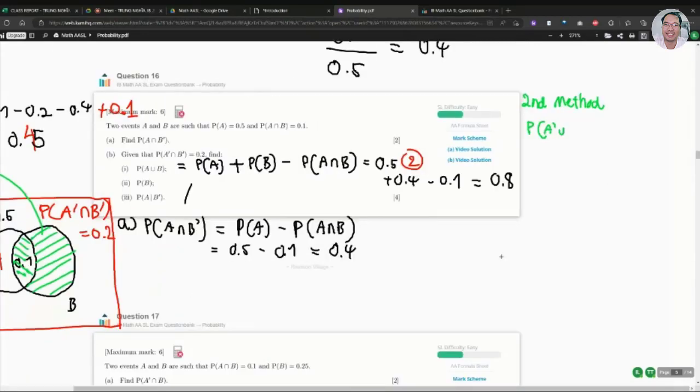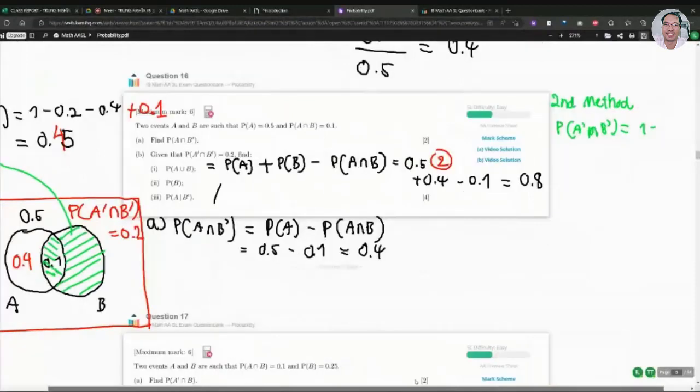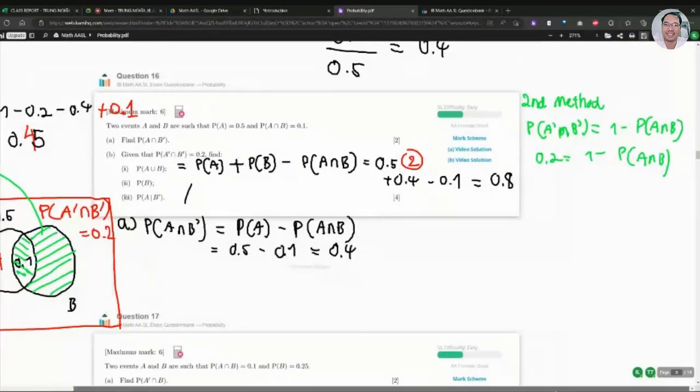The prop of A or B is simply 1 minus the prop of not A and not B. Not A and not B, the outside of the 2 circles. And what we need to find is the total area of the whole circle, which is 0.8.